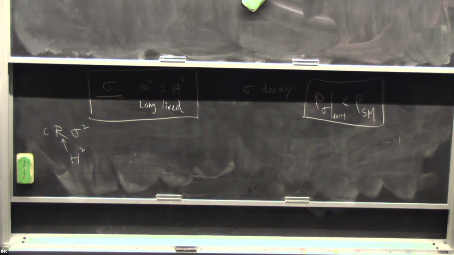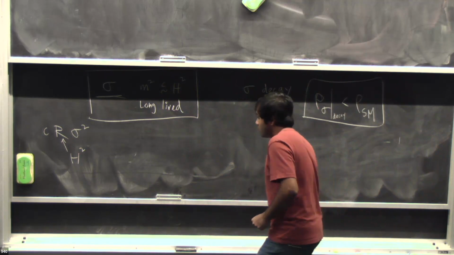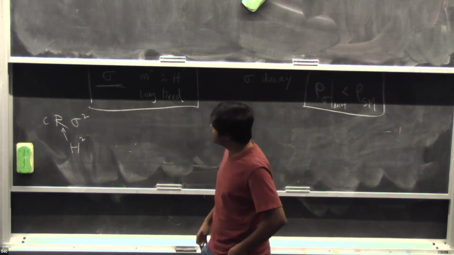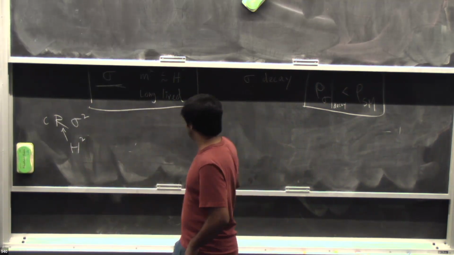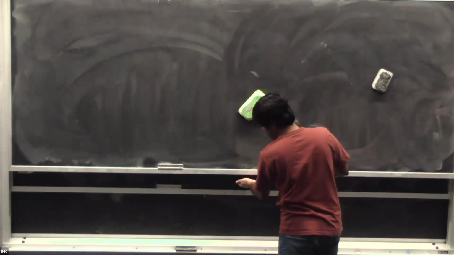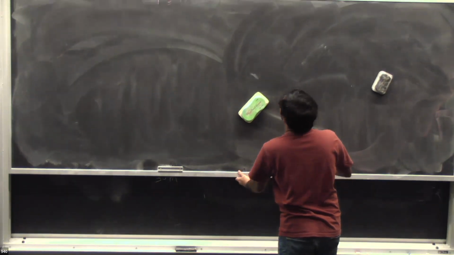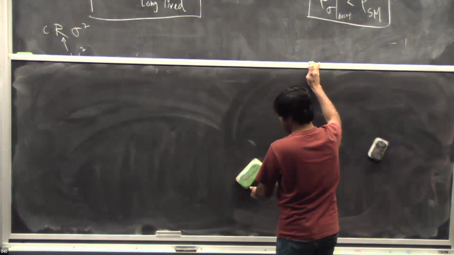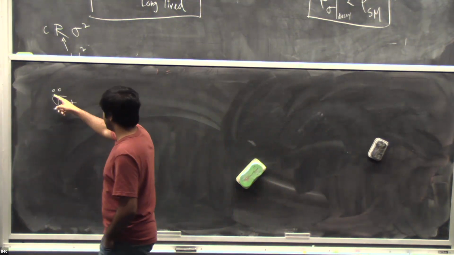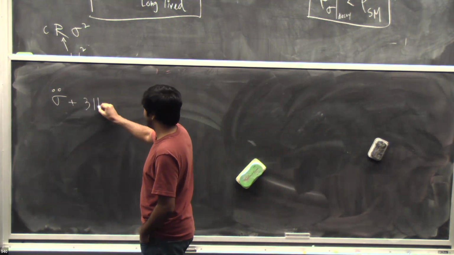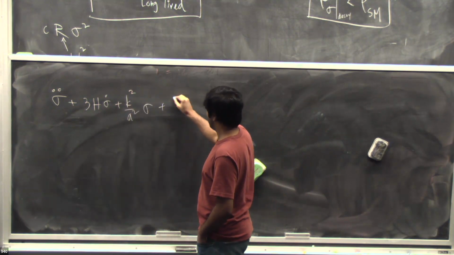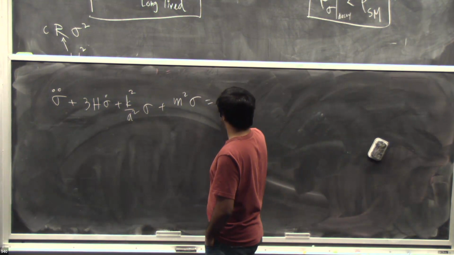All right, so good. Let's try to understand what is the cosmology of these fields. If you just write down the equation of motion for the sigma field, where dots mean time derivatives, this is what you get.